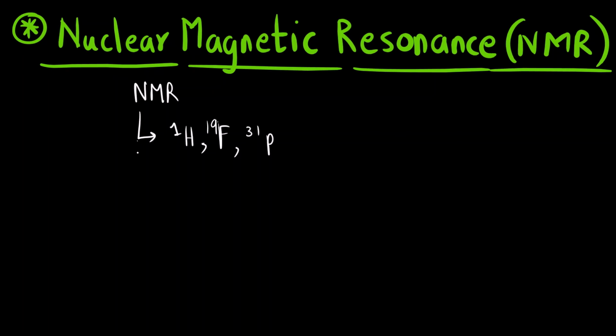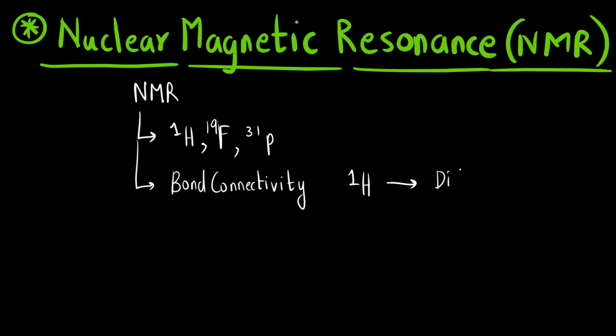From this, what information do we get? The information that we get is about the bond connectivity. We get information about how certain groups are connected to each other, how they are bonded to each other. Let's say if I talk about 1H NMR, we come to know about the connectivity of the different groups of protons that are attached.